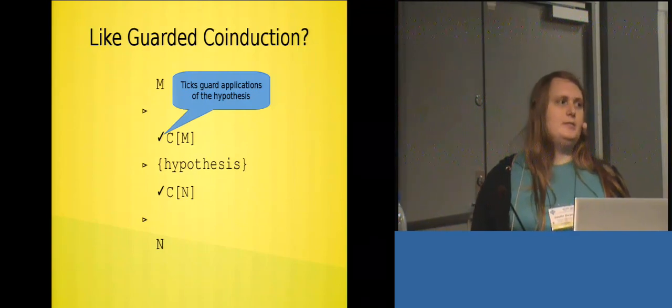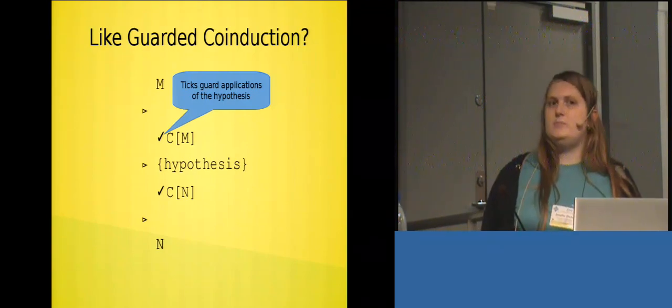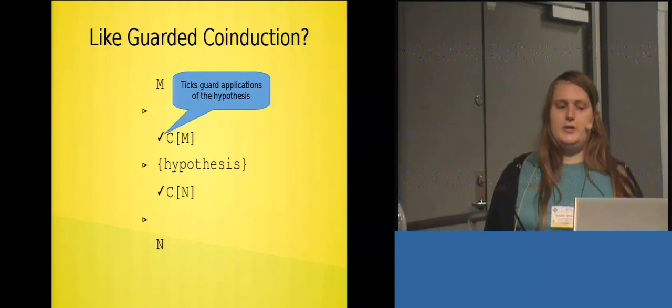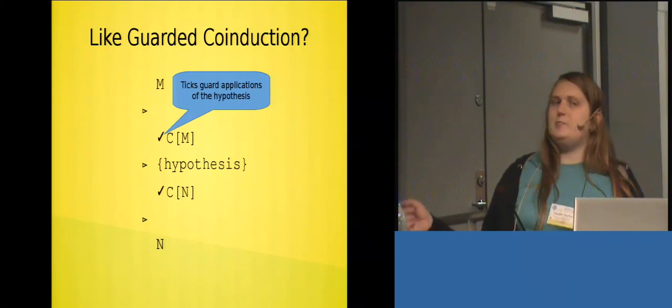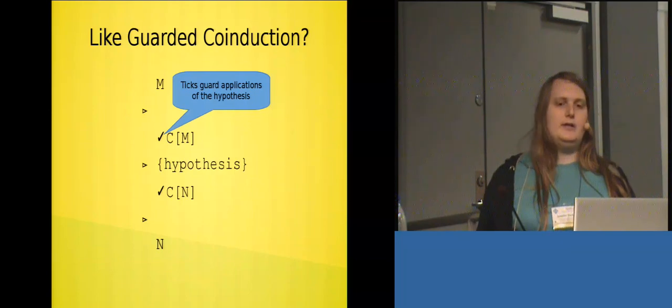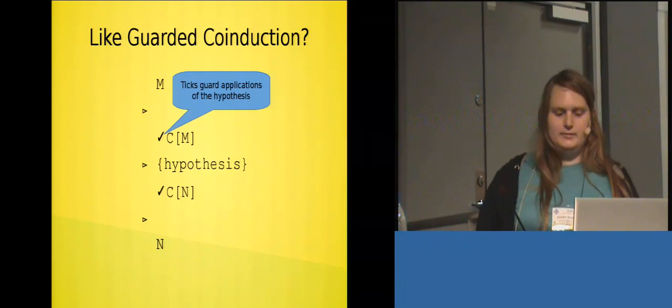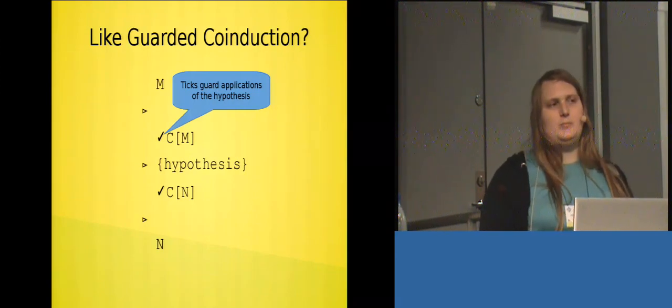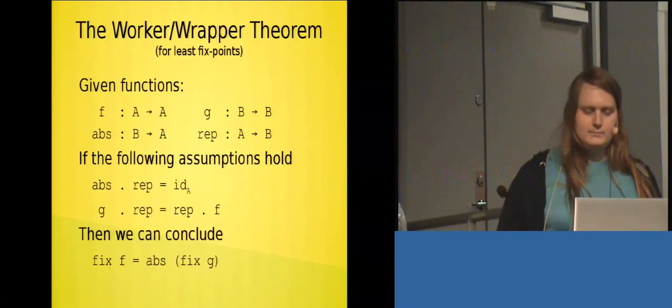In the case of guarded co-induction, you want it to be guarded by a constructor. The idea is, this proof looks circular, but the fact that it's guarded by a tick means it's not really circular. Some people describe it as a bit like induction without a base case. I think that's slightly misleading, but yeah.